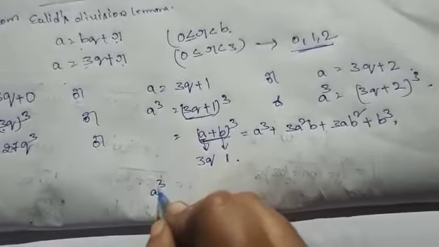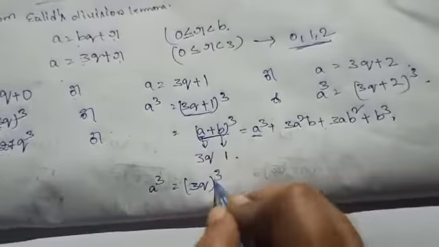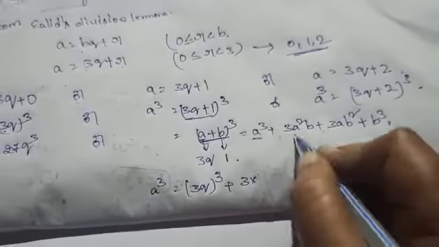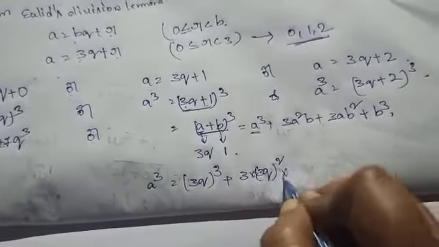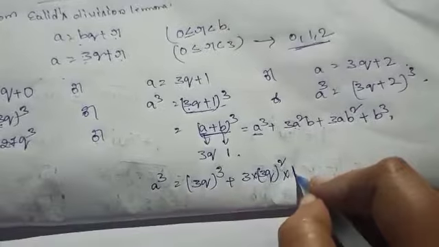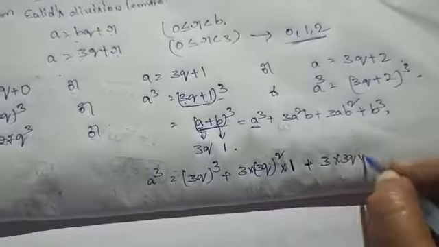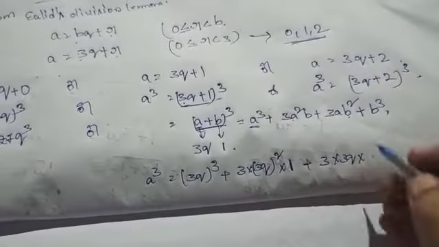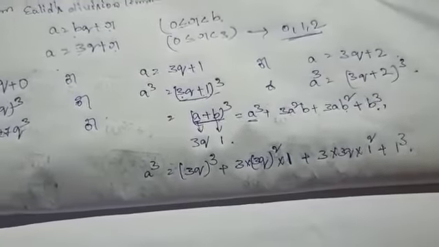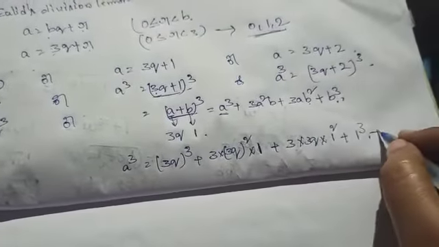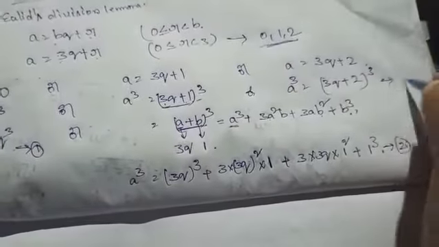So a cube equals 3q whole cube plus 3 into a square, which is 3q whole square, into b, here b is 1, plus 3 into a, a is 3q, into b square, that is 1 square, plus b cube, which is 1 cube. This is our equation 2. This is equation 1. This is equation 3.